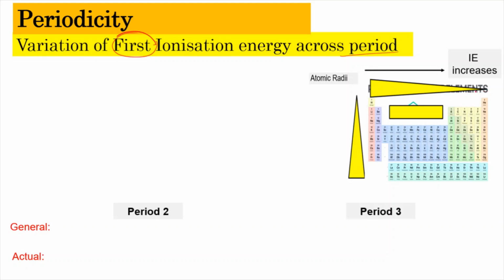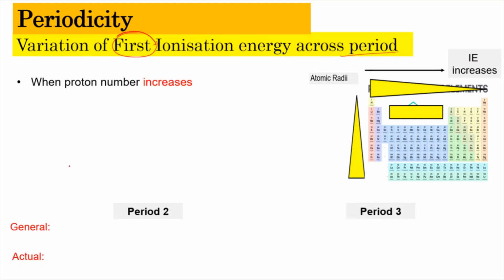So the valence electron is closer to the nucleus, and the force of attraction is very high. It is very difficult to remove 1 mole of electrons, and hence more energy is required. So the ionization energy increases across a period.